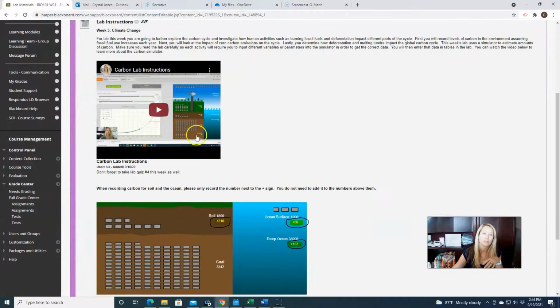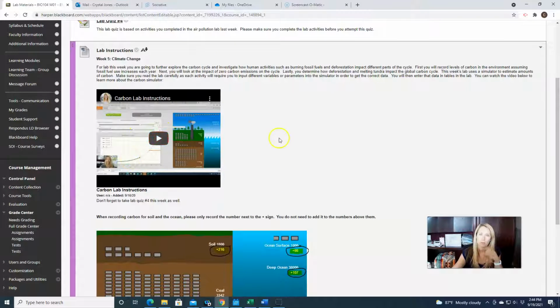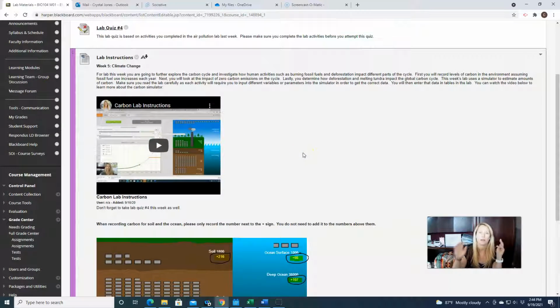So this particular lab is basically a simulation. In this simulation, you can put in different parameters that allow you to modify and alter how much carbon is being introduced into the atmosphere and then where that carbon goes step by step.